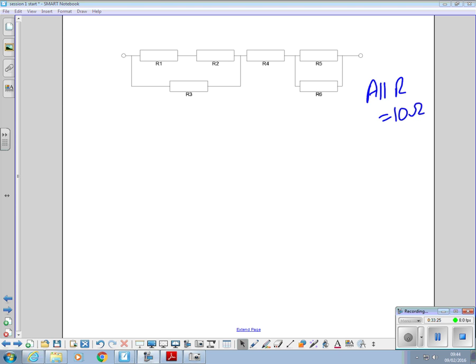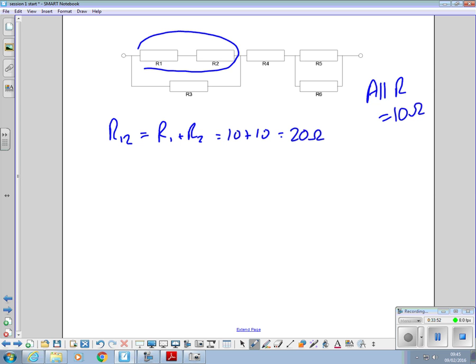We can start with saying R12 is equal to R1 plus R2, 10 plus 10, 20 ohms. So that bit is a 20 ohm resistor on its own.